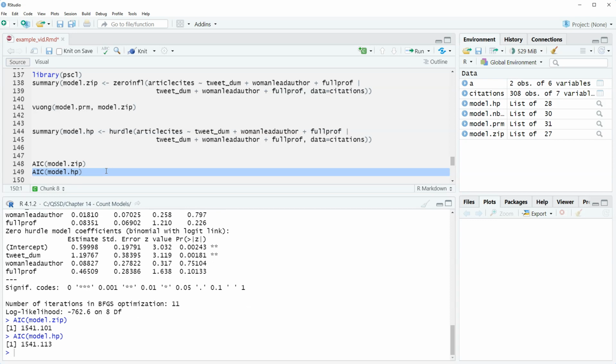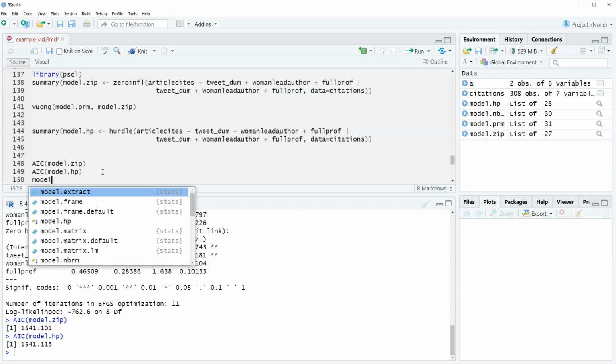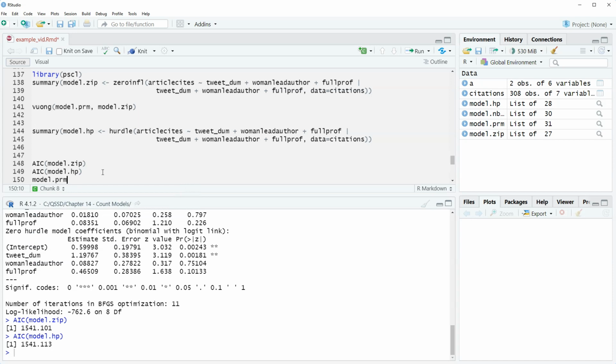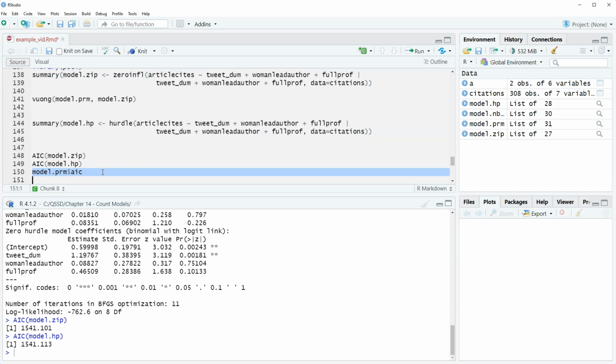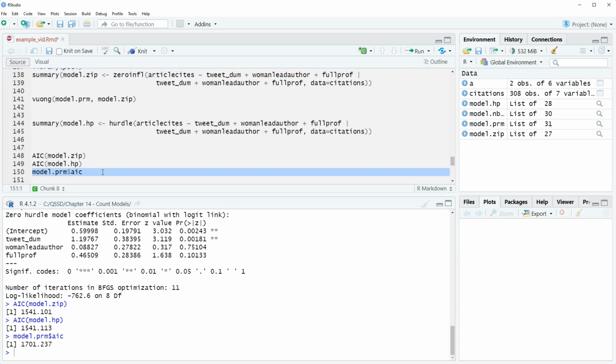Almost the same. Okay, so at least now we have a second one we can compare it to. They're essentially the same. There's really no difference between them. The Poisson model actually has the AIC saved as an object, so we don't need to use the AIC function. I'm going to do that.